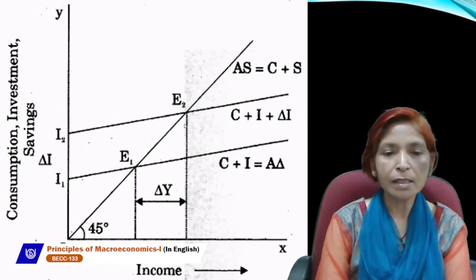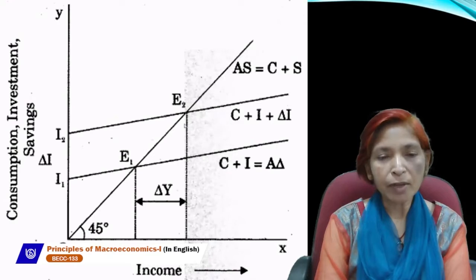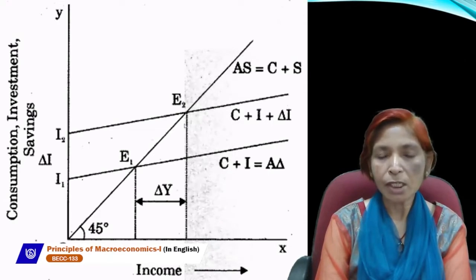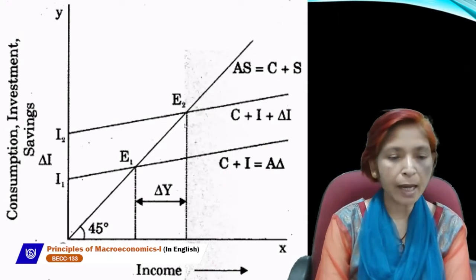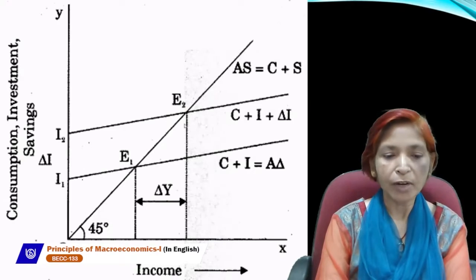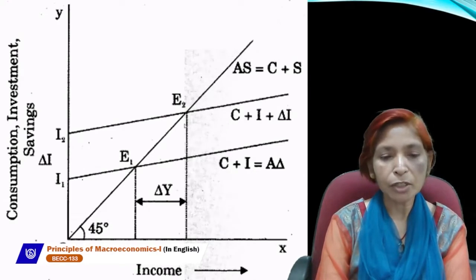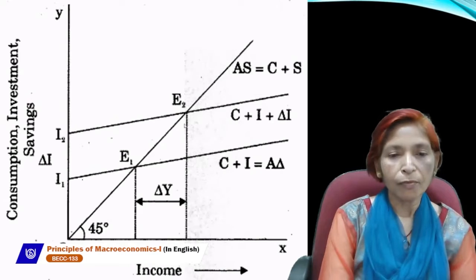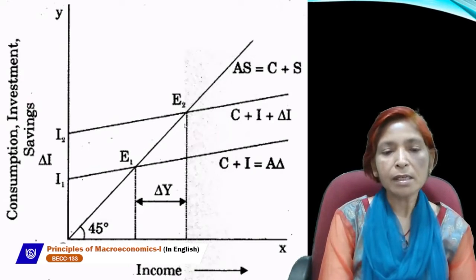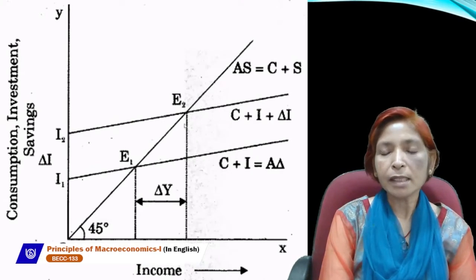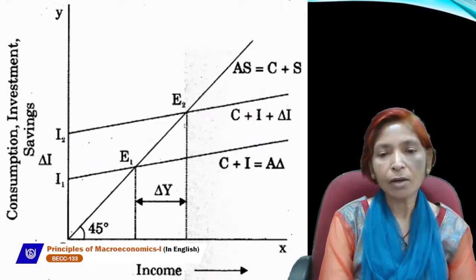So in this case, the gap between the AD curves is showing change in investment, and the gap between income Y1 and Y2 is showing delta Y. When income increases more than the increase in investment, that is called investment multiplier.